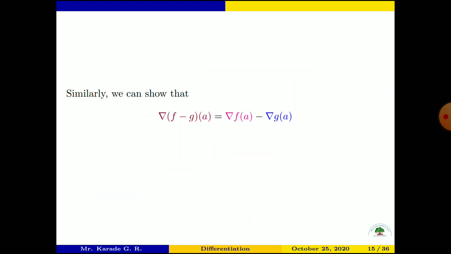Now similarly we can show that the gradient of f minus g at point A is equal to the gradient of f at point A minus the gradient of g at point A.